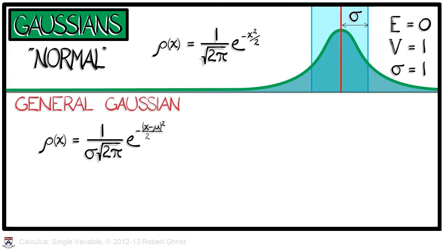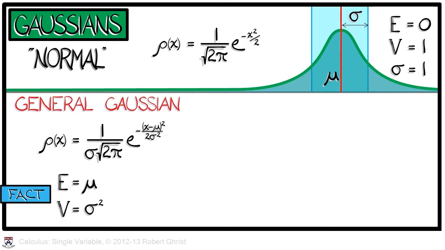There is a general Gaussian of the form 1 over sigma square root of 2 pi times e to the minus quantity x minus mu squared over 2 sigma squared. This general Gaussian allows you to tune the mean and the standard deviation. The expectation is mu. The variance is precisely sigma squared.